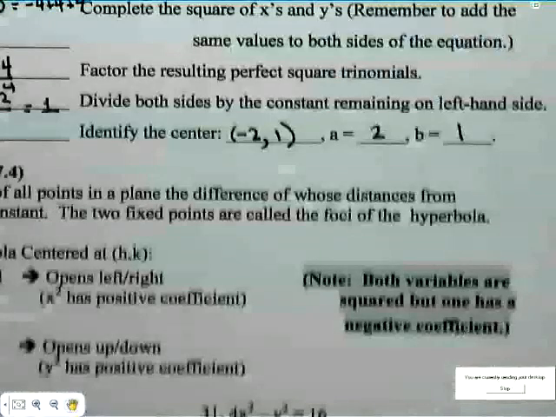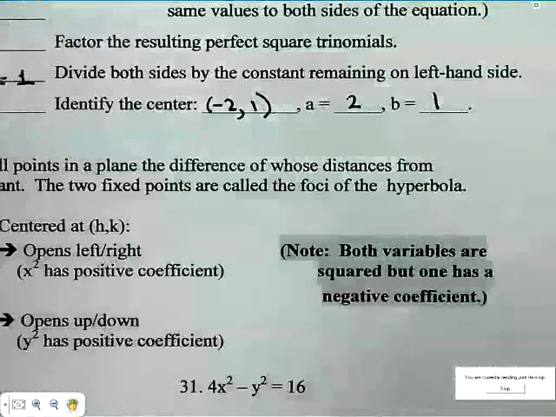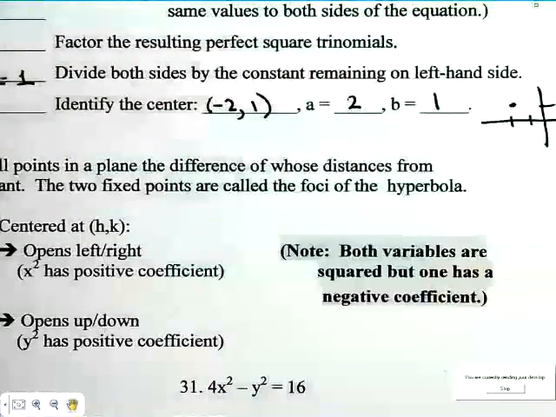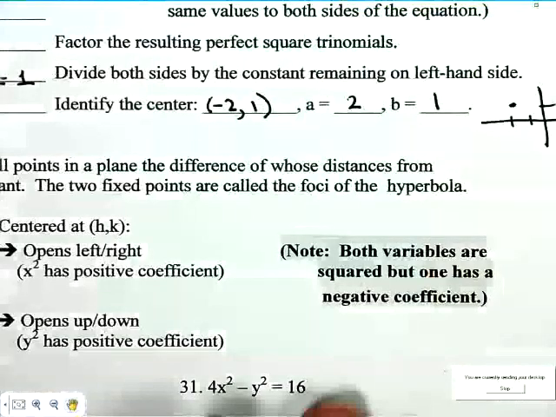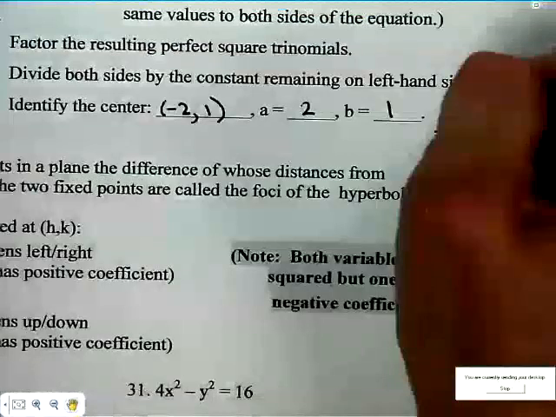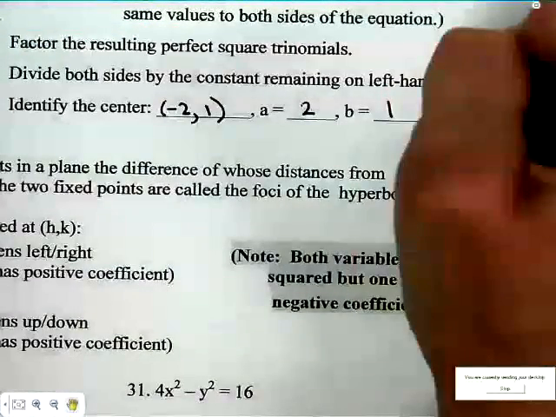So very quickly to graph that, just plot that center at negative 2, 1. And then go right 2, left 2, up 1, down 1.